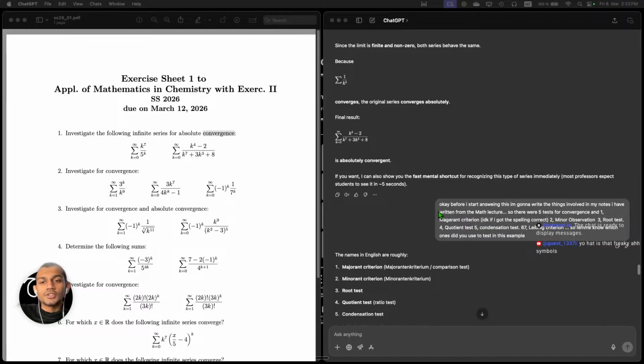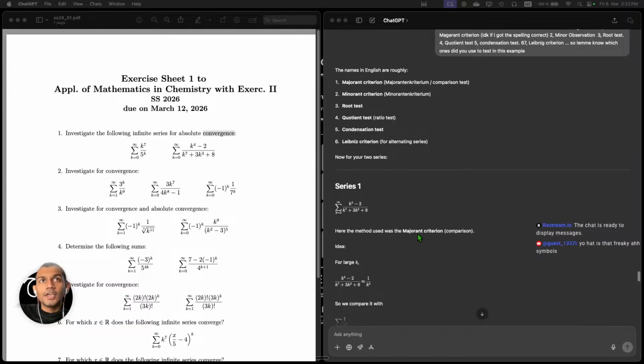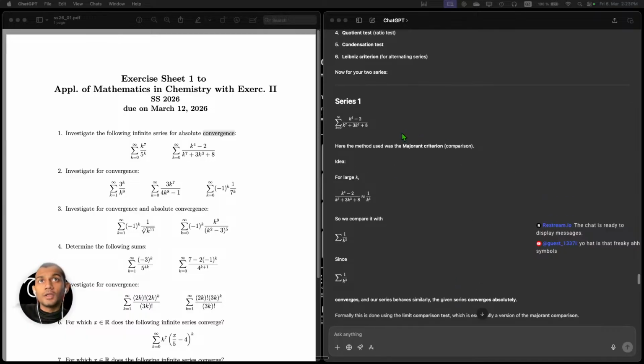That was the convergence test, right? Yeah. Series one, majorant criterion. Comparison test or majorant criterion. So we do that. We just take an average.